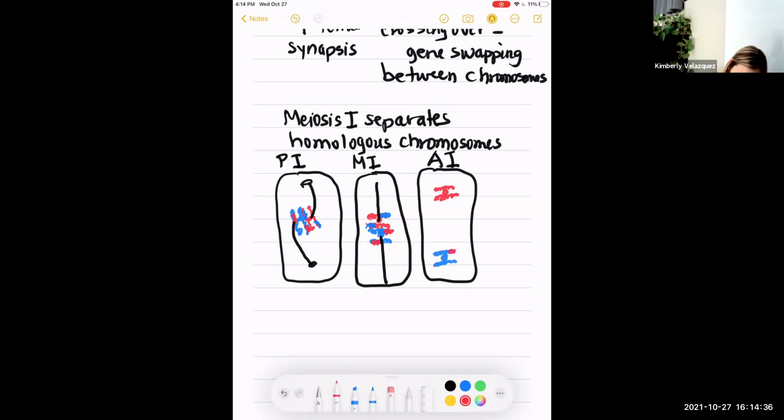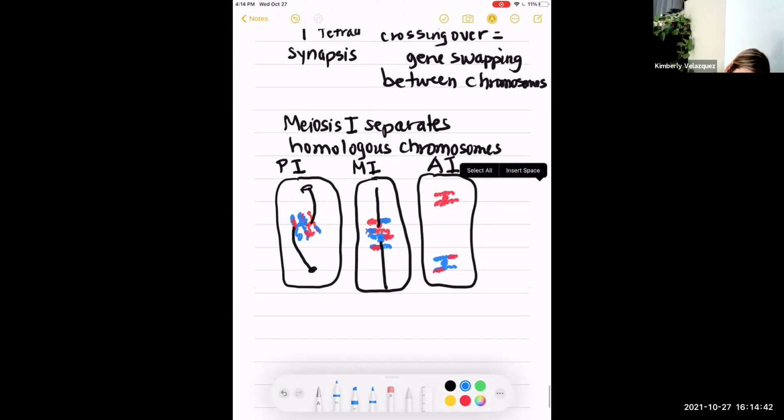Sorry, I want to take the time to make these a mixture of DNA each time. And now this is going to divide into 2 separate cells in Telophase One.